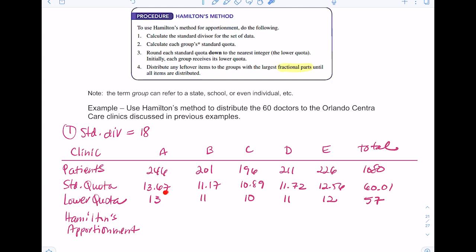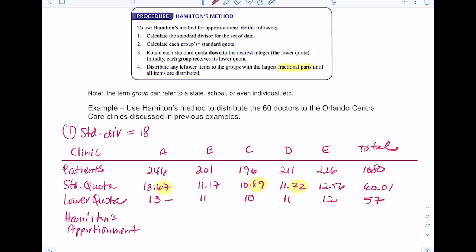Here I've got 0.67, 0.17, 0.89, 0.72, and 0.56. So the leftovers are going to go to the groups with the largest fractional parts. The largest number is 0.89, then the next largest is 0.72, and then 0.67. Those are where the 3 leftovers are going to go.